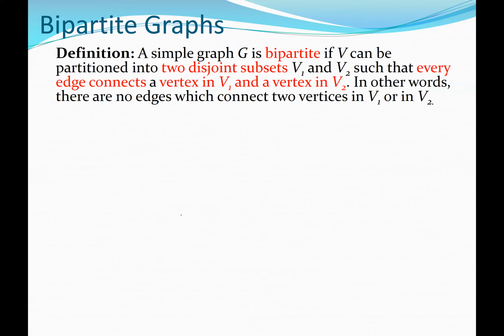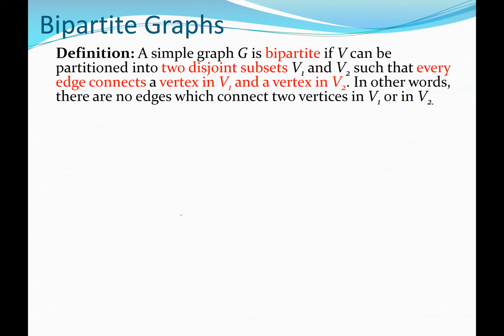Now, one which is the bipartite graph. This is quite nice. The definition is a bit abstract. Technically, a graph is bipartite if we can partition V into two disjoint subsets V1 and V2, such that every edge connects a vertex in V1 and a vertex in V2.